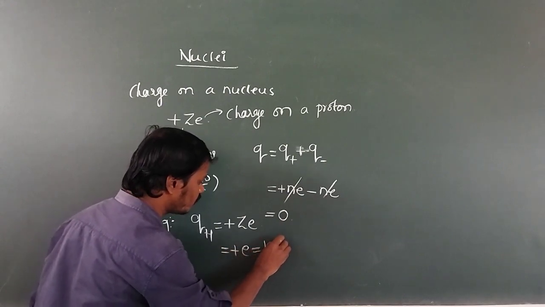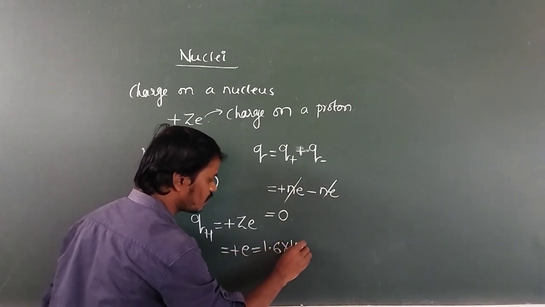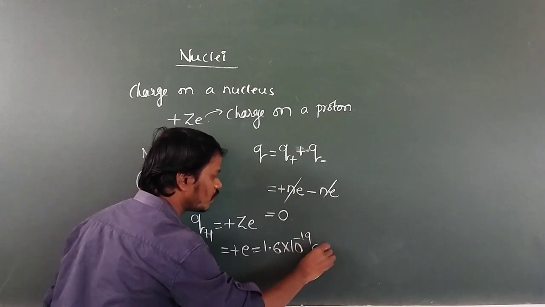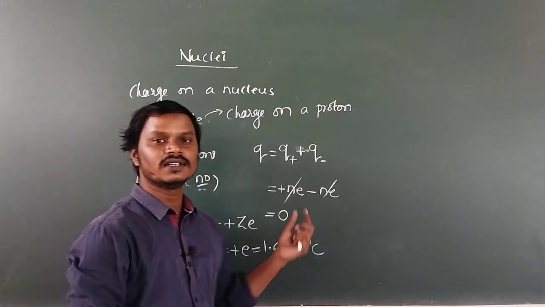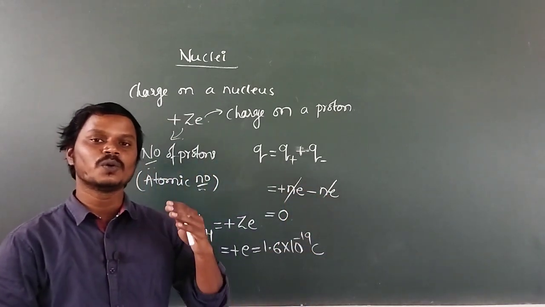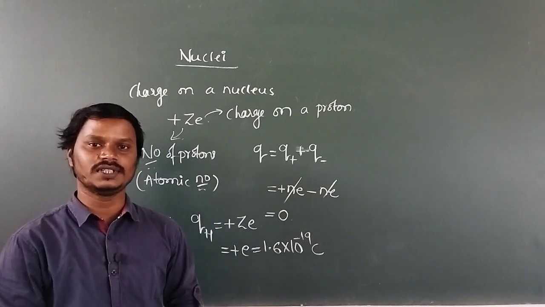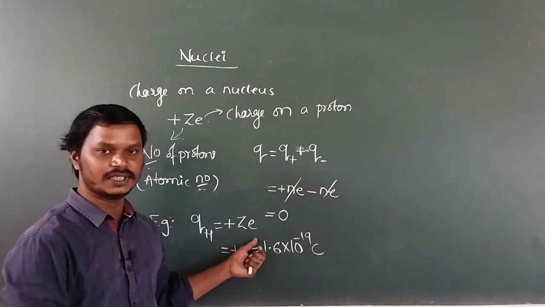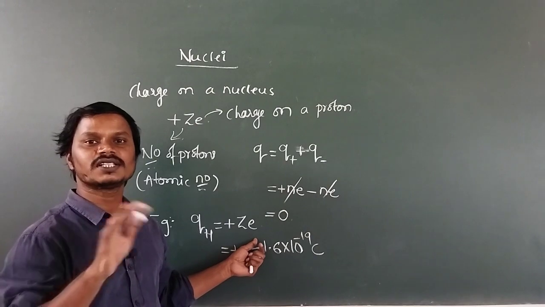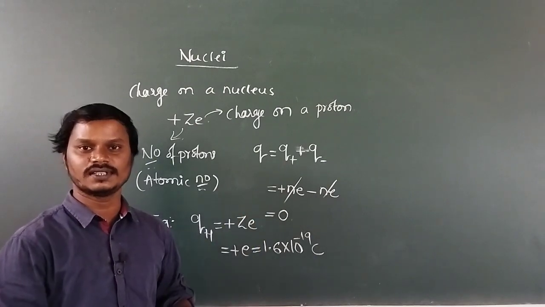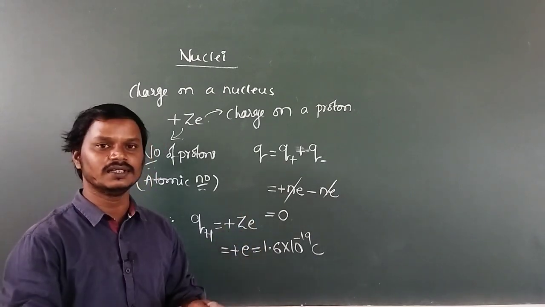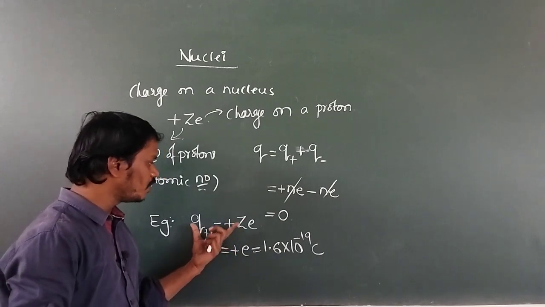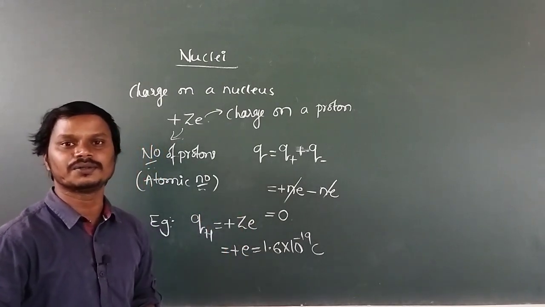Plus e means it is 1.6 into 10 to the power of minus 19 coulomb. It is the charge on the hydrogen nucleus. Then what about the charge on the helium nucleus? That is plus 2 into e, because 2 protons are present in the helium nucleus. Hence, this is the formula used to find the charge on a nucleus.